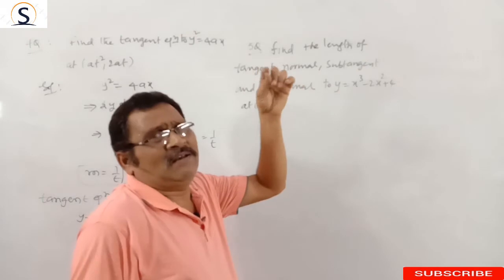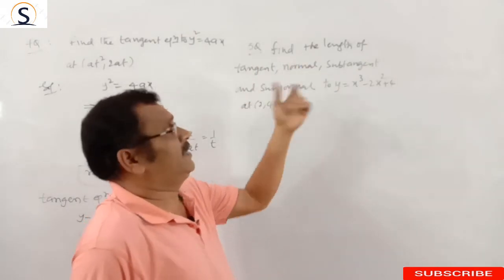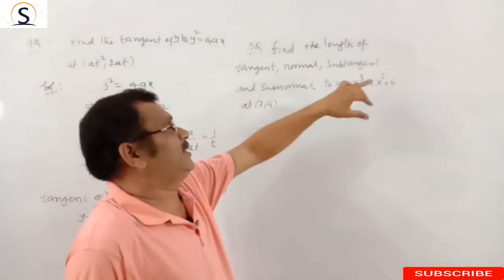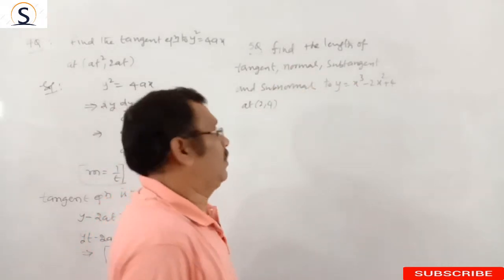Actually, they may ask for only one of normal length, tangent length, subtangent length or subnormal length. So I have included these 4 lengths in one problem.